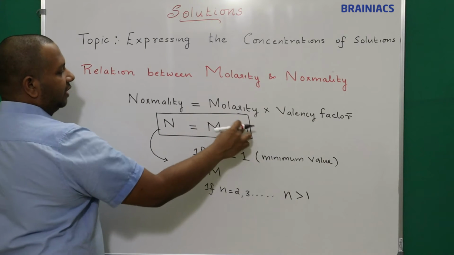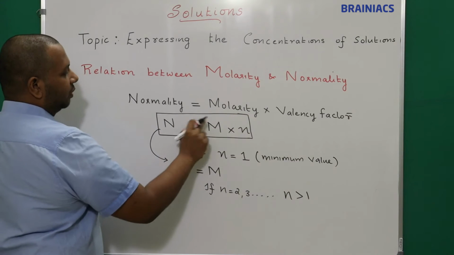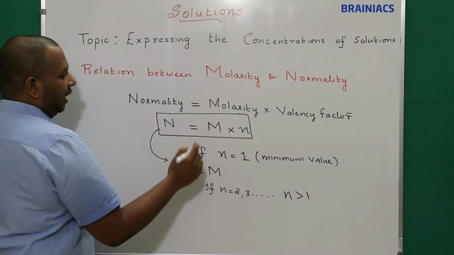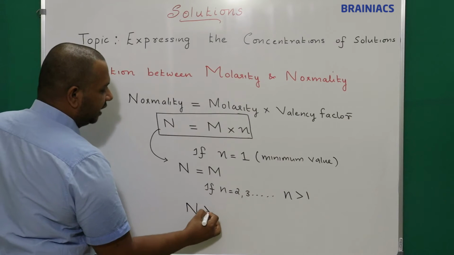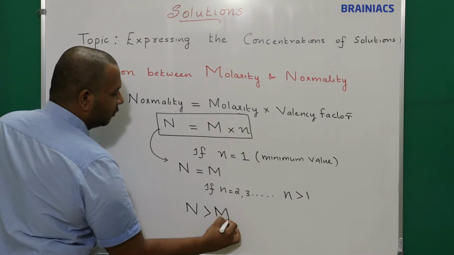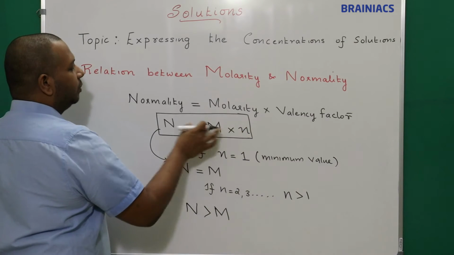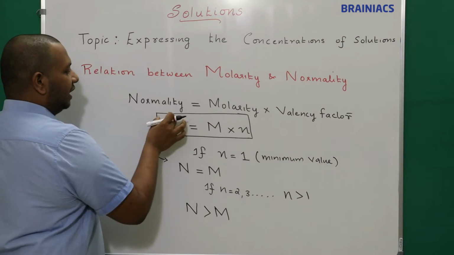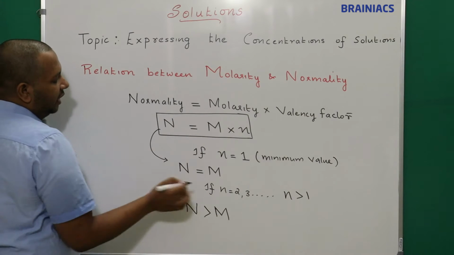Then N will be greater than M. Why? Because M into 2, M into 3 becomes equal to N, so M will be N divided by that number, so M will be less. So I can write N is greater than M.